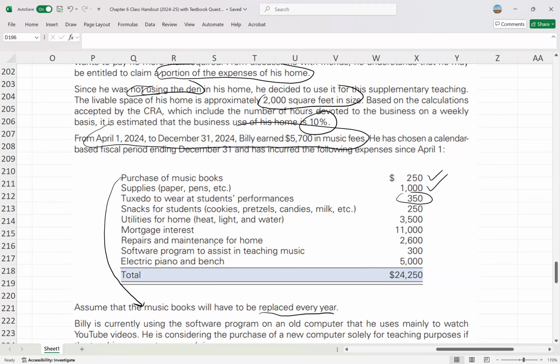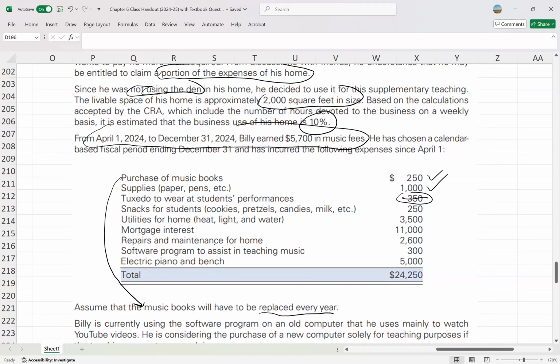Now, clothing is not deductible unless it's specialized clothing, like a special uniform or protective gear. If he were operating some sort of business where he needed protective gear, then it would be deductible. But general clothing expenses are not deductible. So that 350 would not be deductible.